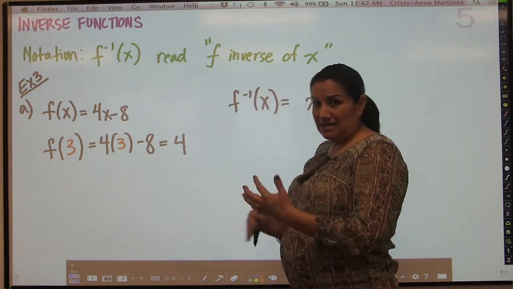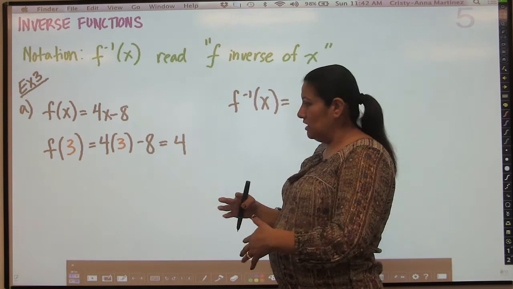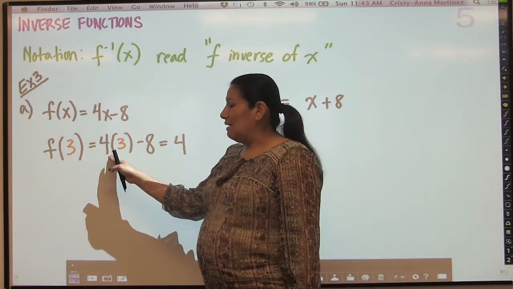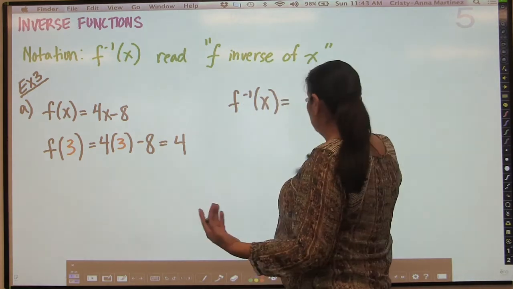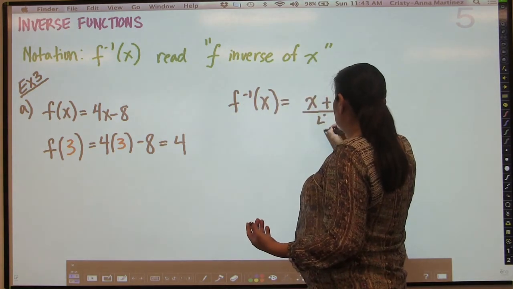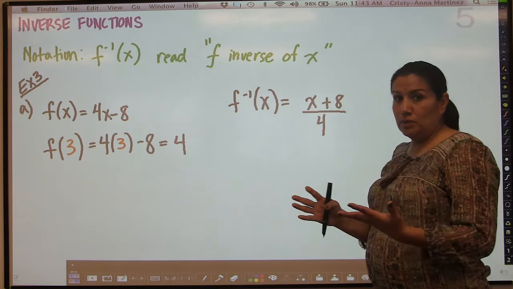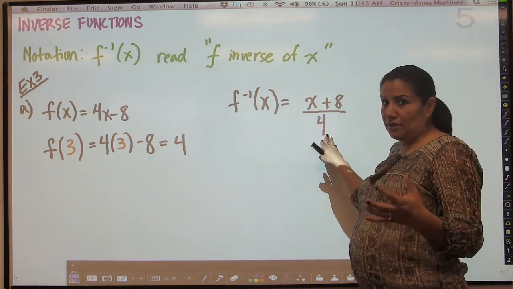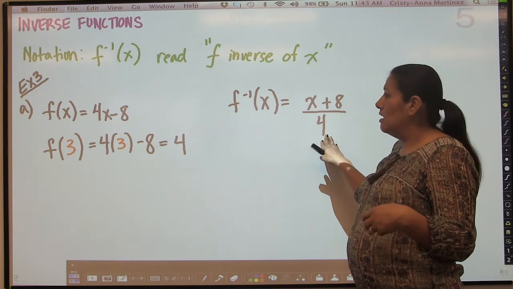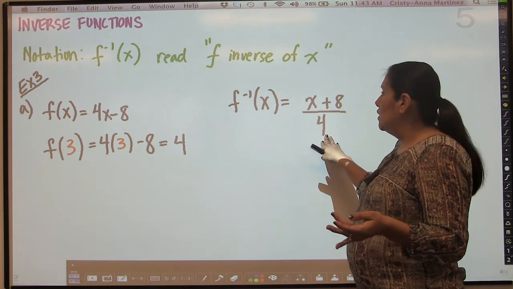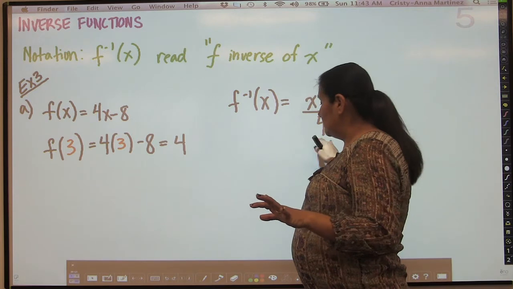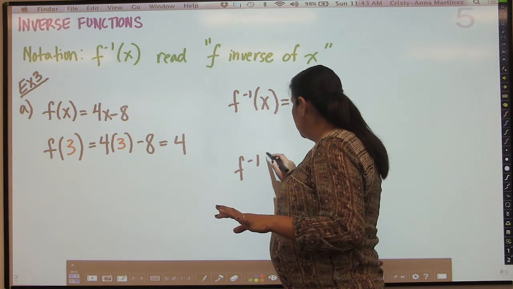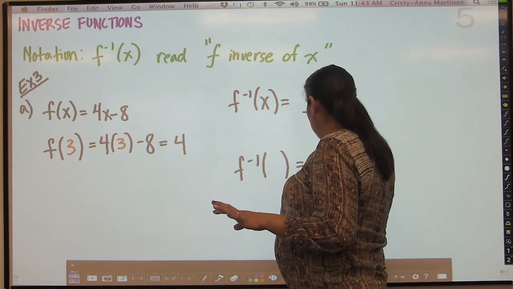So it would add 8. That's the inverse of subtraction is addition. And then instead of multiplying that by 4, I would divide by 4 because I want to do the opposite. So I am proposing, suggesting that the inverse function would be this. Now this is all mental math. I'm going to show you in a second how to do this algebraically, but mentally you can probably figure this out. So I want to check if this works. So according to my machine, I have f inverse of a value.